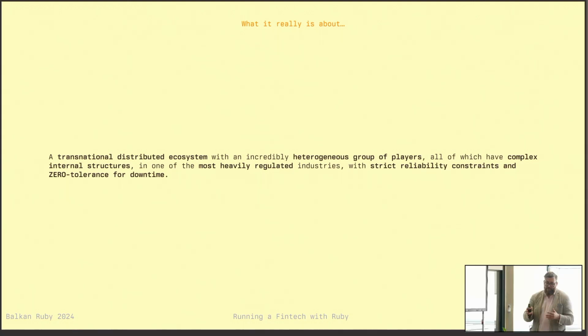Then it is a very heterogeneous group of players. You have big banks, small banks, pension funds, investment funds. All of them are part of the banking system. They just play very different roles. They have, as we have seen before, complex internal structures. Again, different stakeholders want different things, and that gets realized in different ways in how the bank treats their customers.